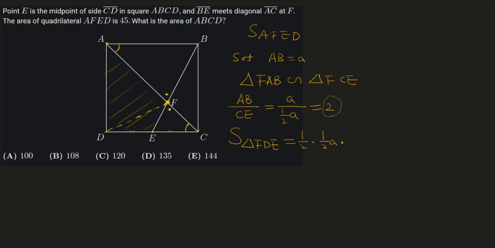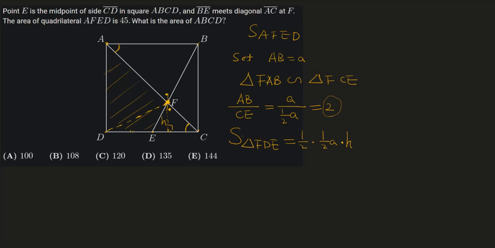Let's draw a perpendicular line from F to DC. The length of this perpendicular line segment is H1. That is our height. But the point is, what is H1? Alright, let's do the same thing in the triangle FAB.